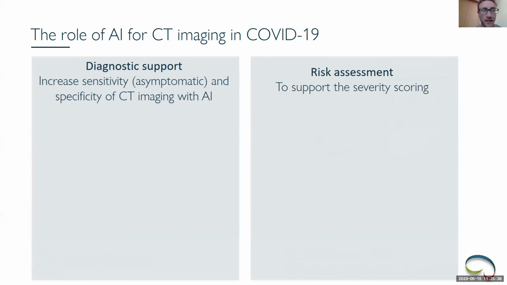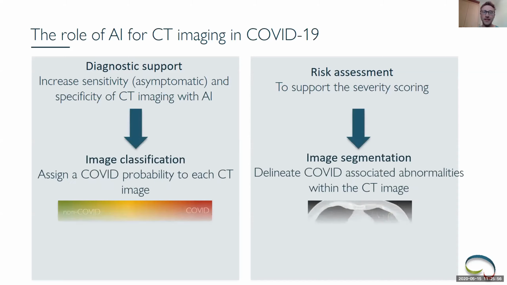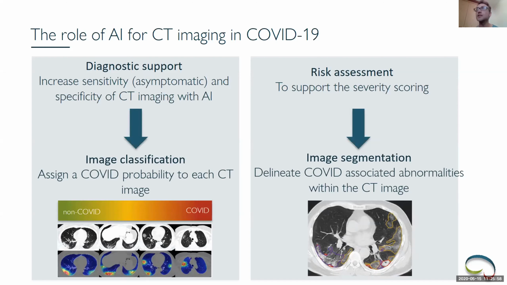So going back to the conclusion of Professor De Mey, who thought that there are important roles for AI in diagnostic support, risk assessment, and also follow-up. If we focus on the first two, they can be translated into a technological challenge.